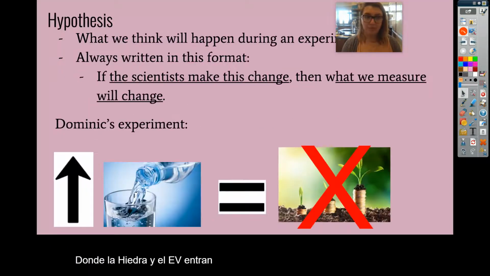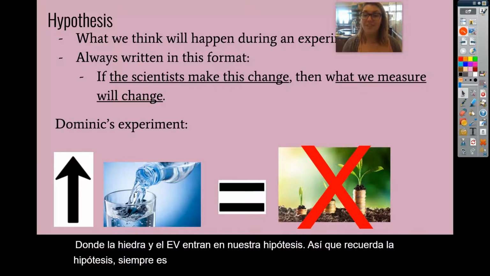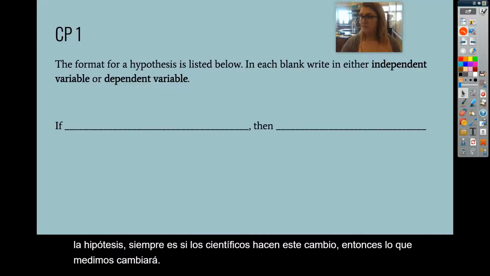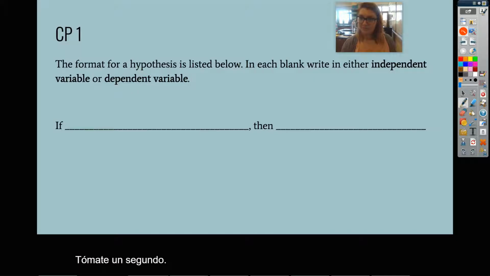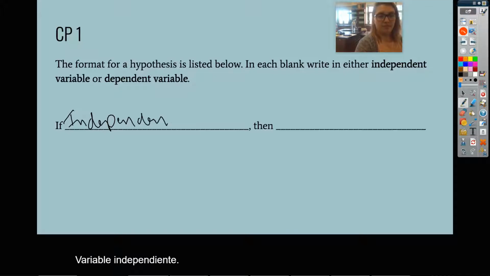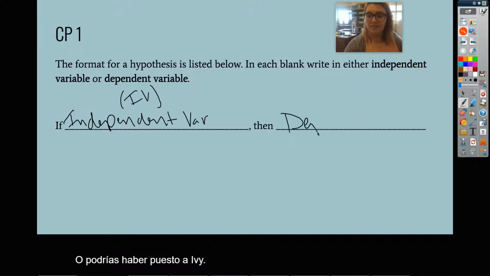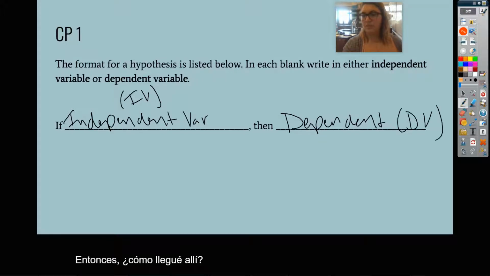So remember, for the hypothesis, it's always if the scientists make this change, then what we measure will change. Take a second. So hopefully you wrote if independent variable, or you could have just put IV, then dependent. So how did I get there? Or you could have written DV here.